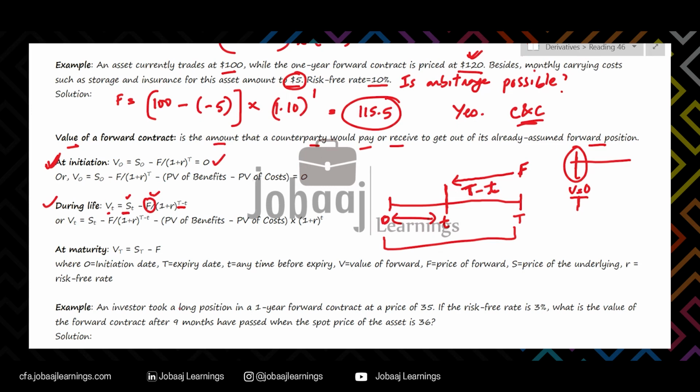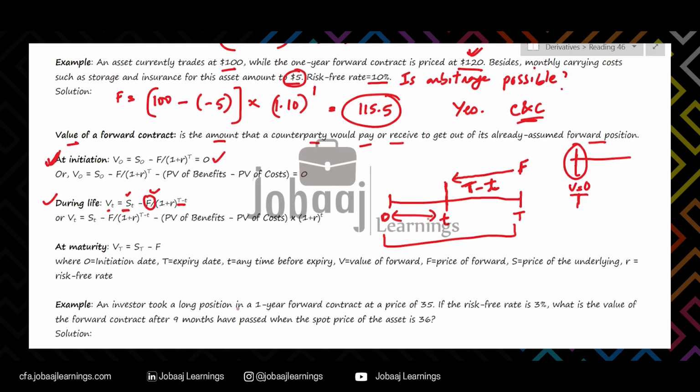Let us understand this with this example here. An investor took a long position in a 1-year forward contract at a price of 35. So F is equal to 35. Risk-free rate is 3% and you are required to find the value of forward contract after 9 months have passed when the spot price is 36.